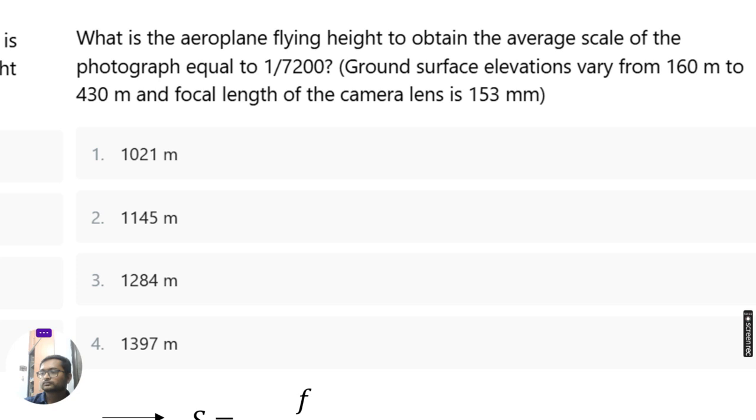Option 4, 3 and 4. So those who joined just now, we are solving these MCQs from the week 1 content, which is based on the basics or the introduction about the course, then some of the tools which you use in geomatics engineering, and then some questions on photogrammetry, basically on scale, understanding different kinds of scale.